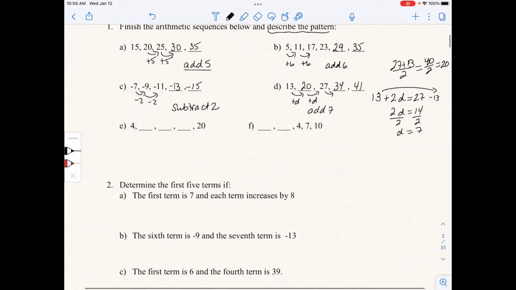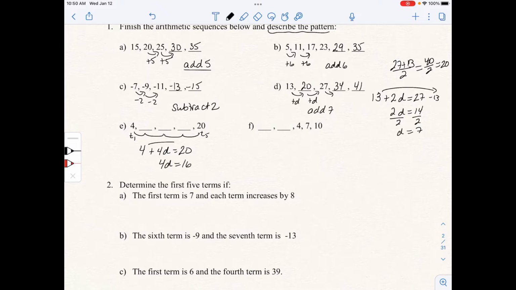Now, similarly with this one, I'm going to use the differences trick. From the 5th term to the first term, we're adding 4 differences. So 4 plus 4 differences is equal to 20. So 4 differences is equal to 16, and we subtract 4, and D is 4.